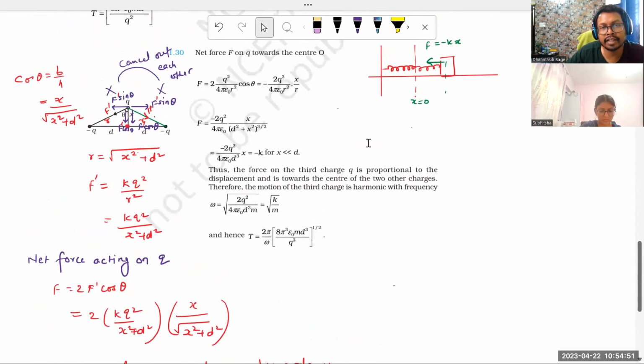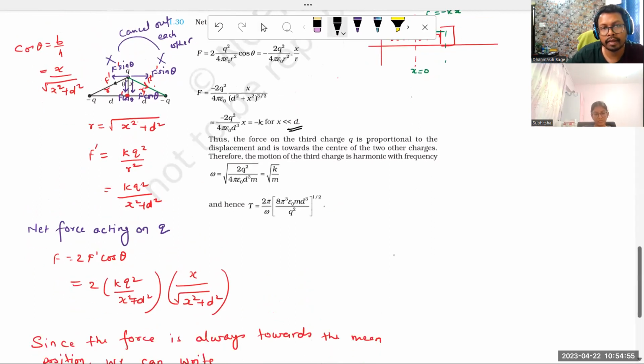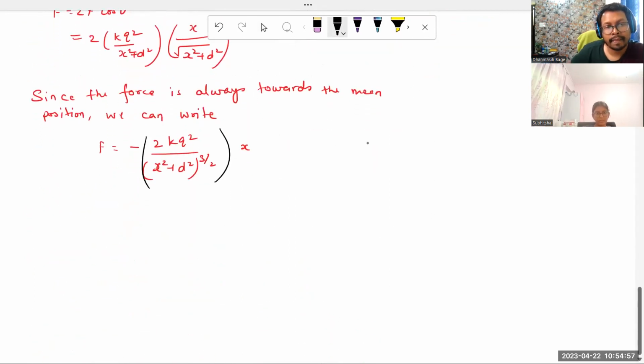Now there is a condition given, x is much less than d. Since x is much less than d, what is the F now? Just reduce this thing. Minus 2kq square by d square, x.